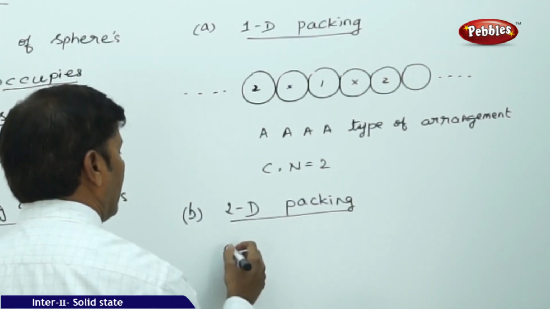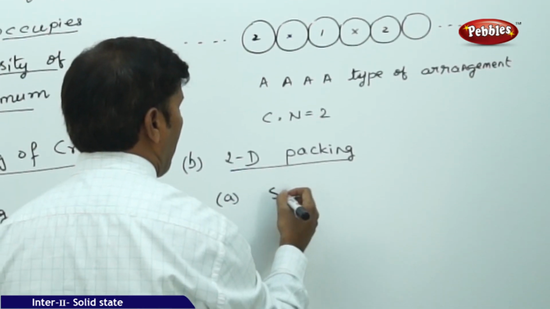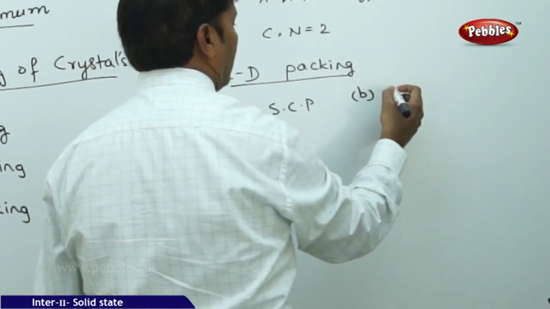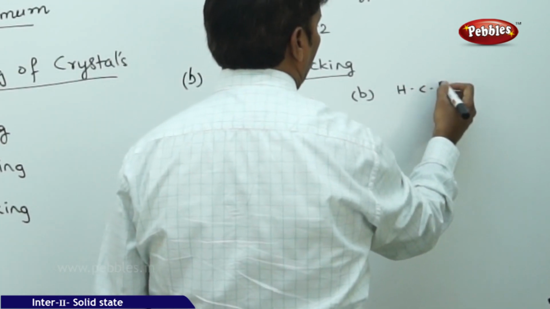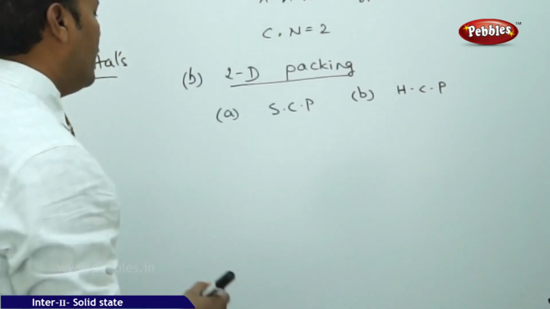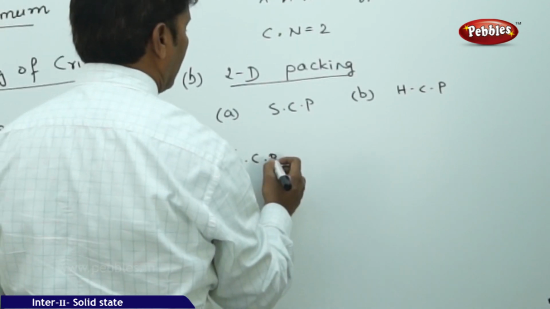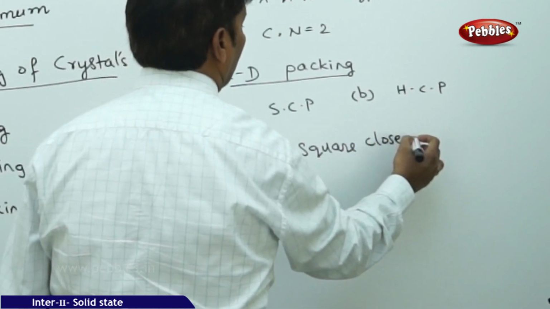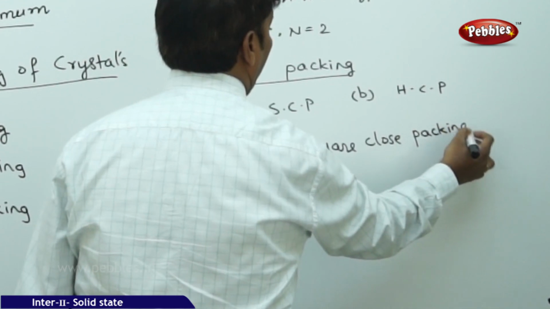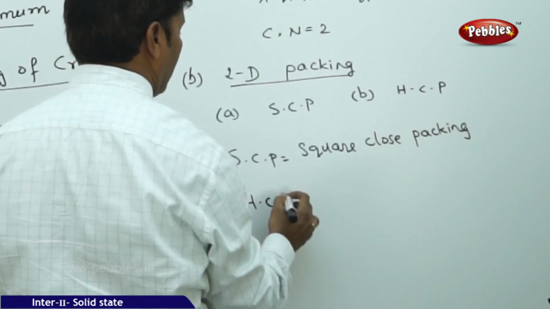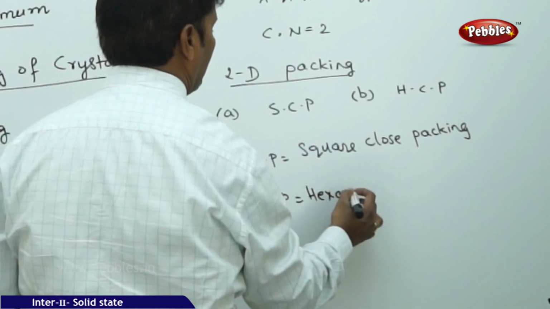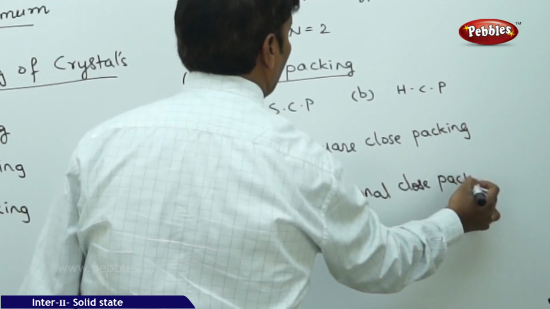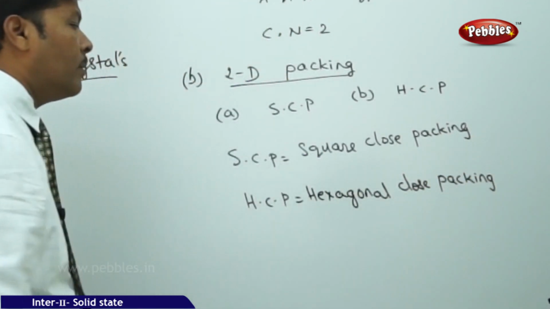One is square close packing, SCP, and the other is hexagonal close packing, HCP.